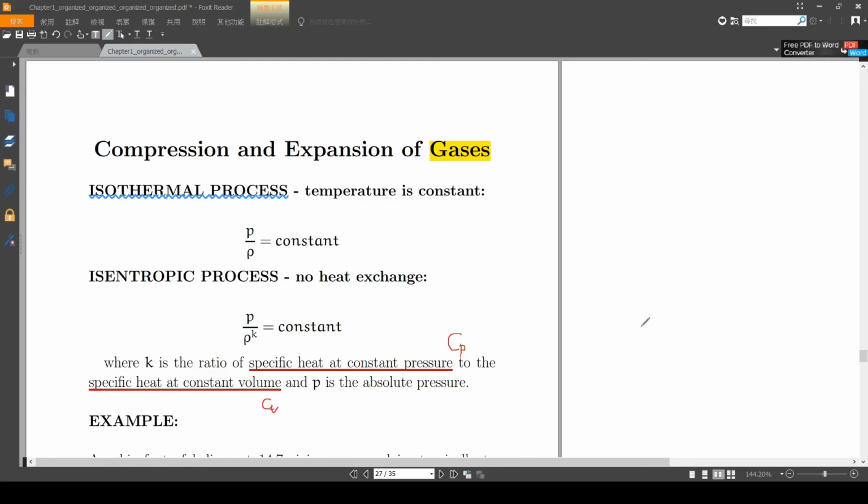And there is some relationship between these two, constant pressure and constant volume.